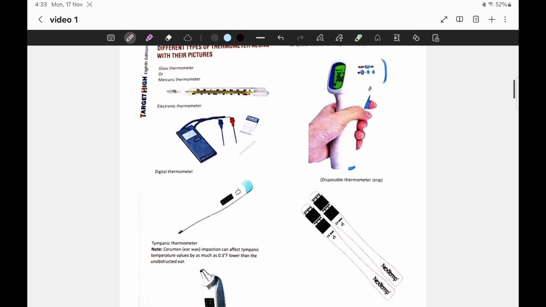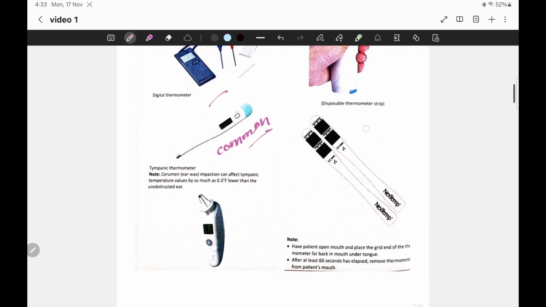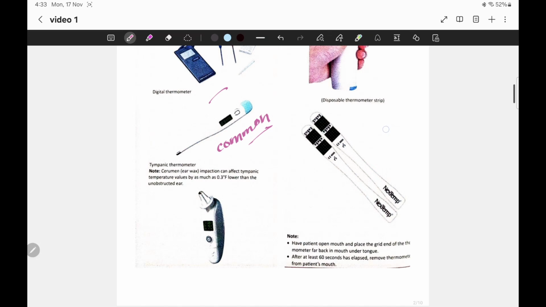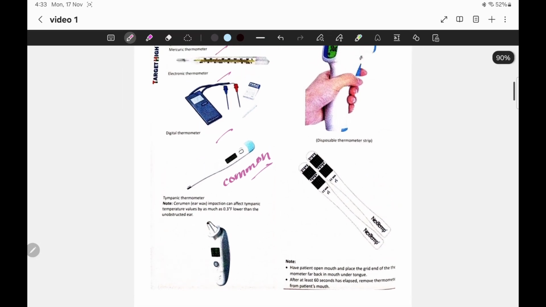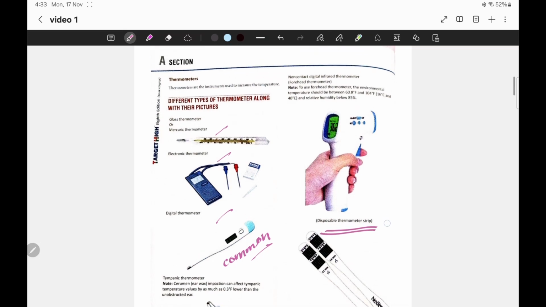Different types of thermometers are used, like the mercury thermometer, electronic thermometer, and digital thermometer, the most common one. Tympanic thermometers are also used, but the one we see most in common life is the digital thermometer, as well as disposable thermometers in COVID.